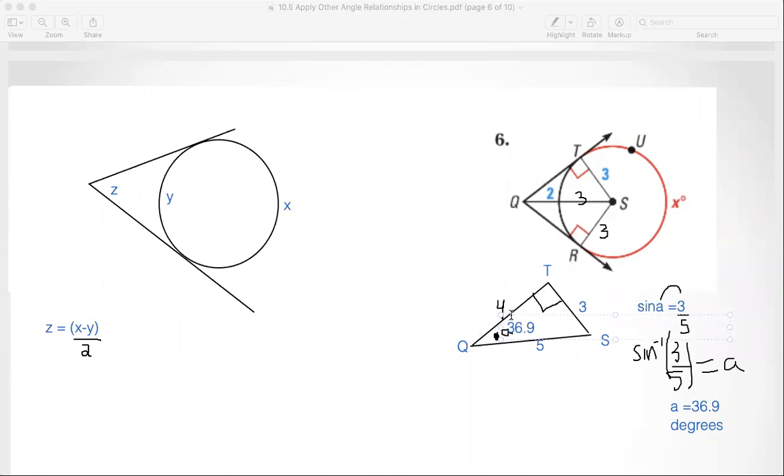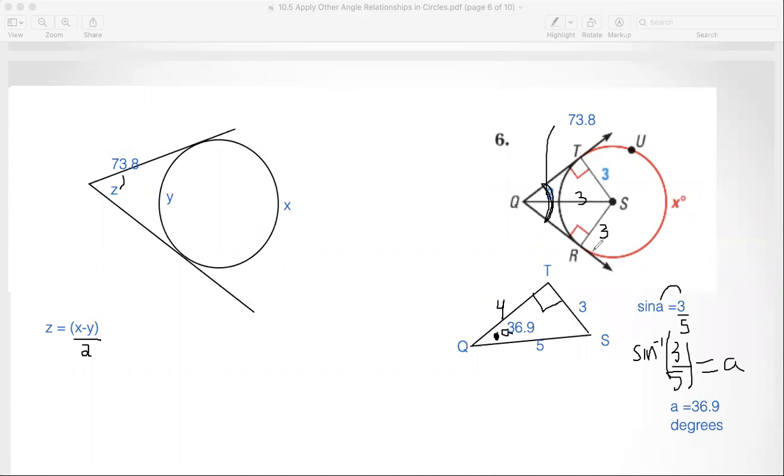Now, if I doubled 36.9, that would give me 73.8. So this whole angle here, guys, is 73.8. What I just found was angle Z, 73.8. Yay, that's huge. I got one of my angles. I got Z, 73.8.